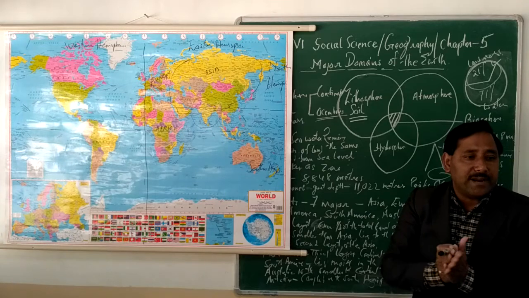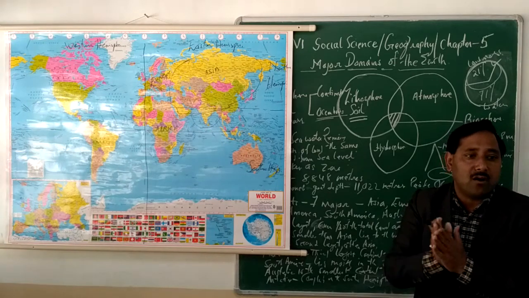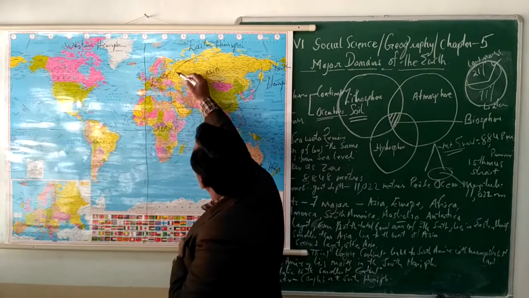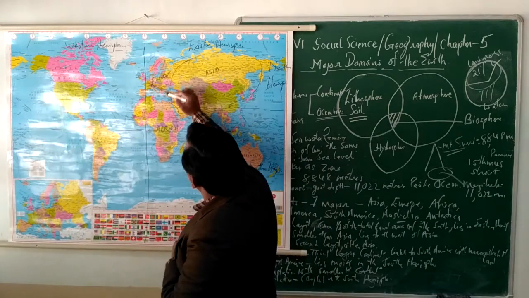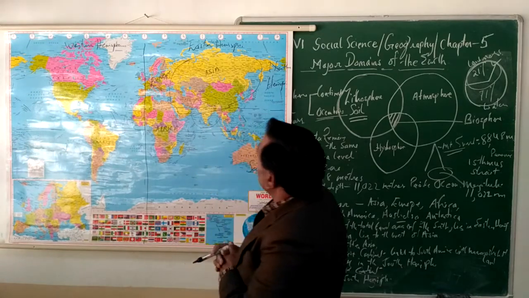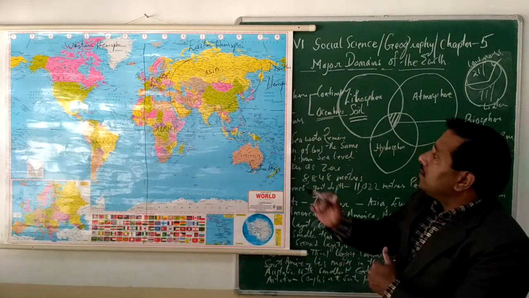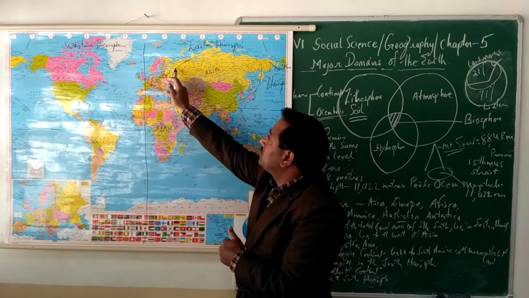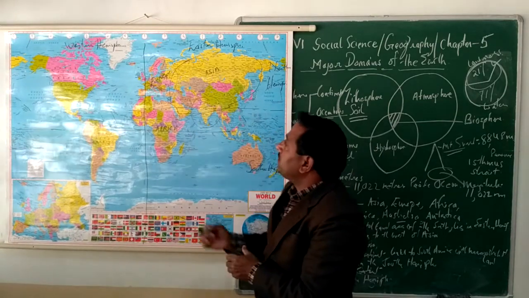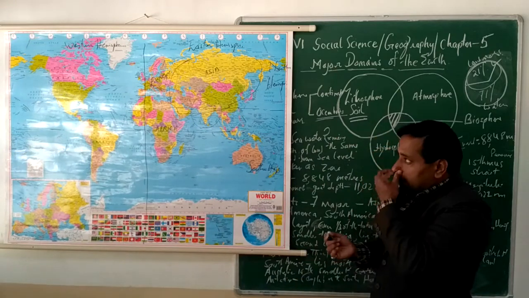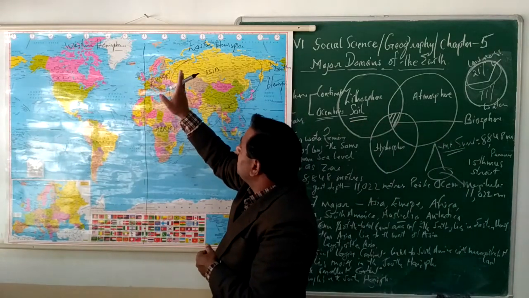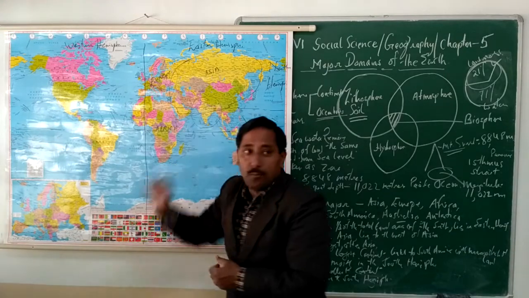So Asia is separated from Europe by the Ural Mountains on the west. So it is separated from Europe by the Ural Mountains over here, and although this is a political map, here the Ural Mountains separate Asia from Europe.